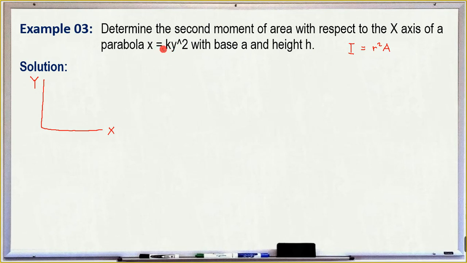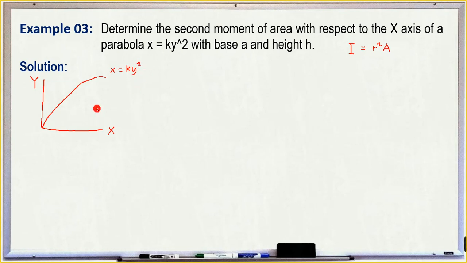Since this is x equals ky squared, the parabola either opens to the right or left. But the y squared term is positive, so this parabola opens to the right. So this is our parabola with equation x equals ky squared.